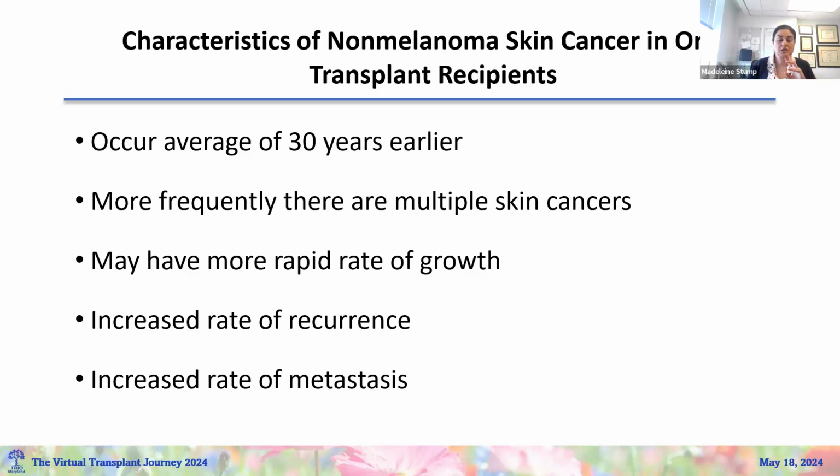In addition, unfortunately, skin cancers have a higher rate of metastases in patients who have undergone a solid organ transplant. And that is why we watch you very, very closely.